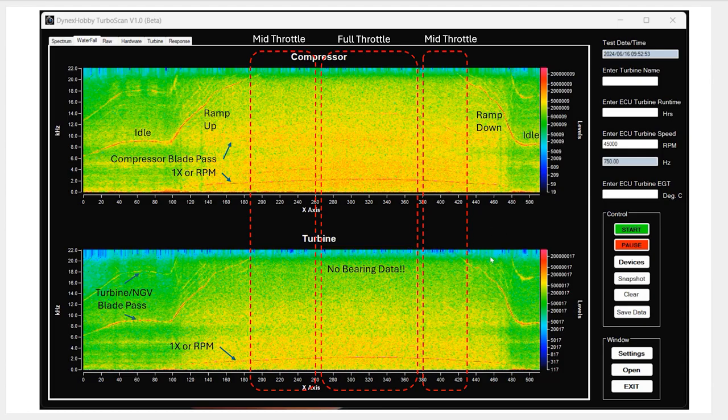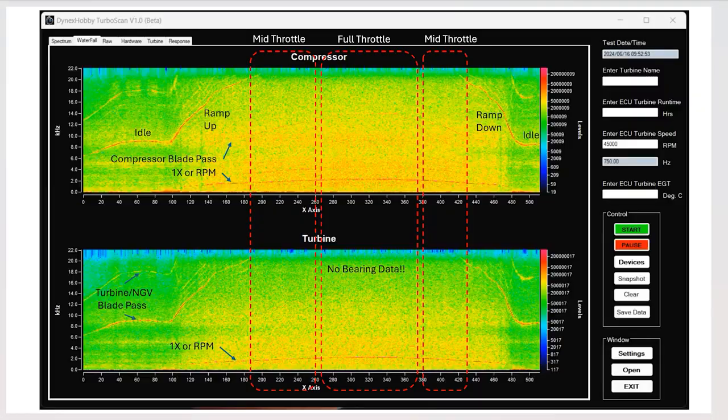On the chart, it's interesting to see the features coming out, but there's actually no bearing data. And the reason being is that the bearing data really is hidden behind this noise. The only way to actually get the bearing data accurately is to use a product like TurboSCAN.